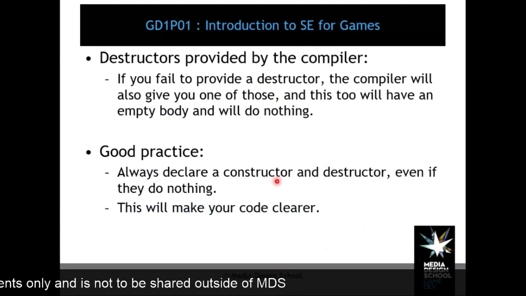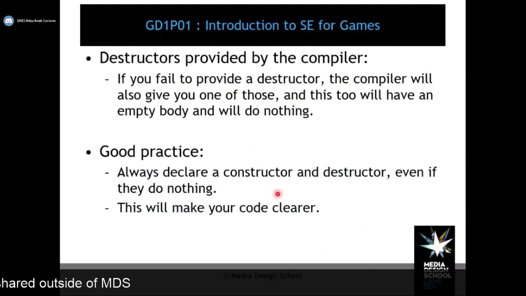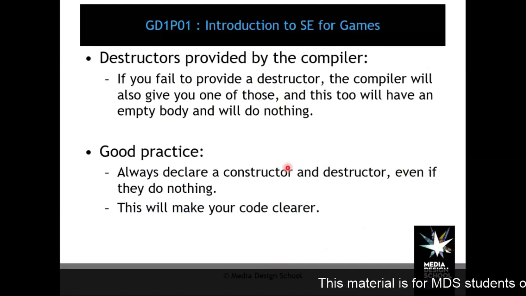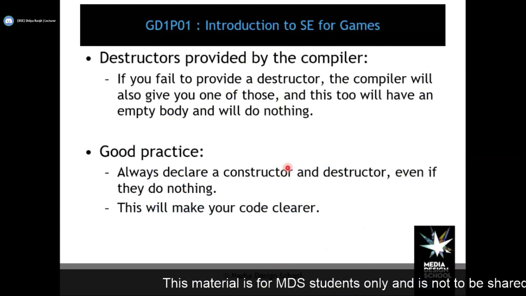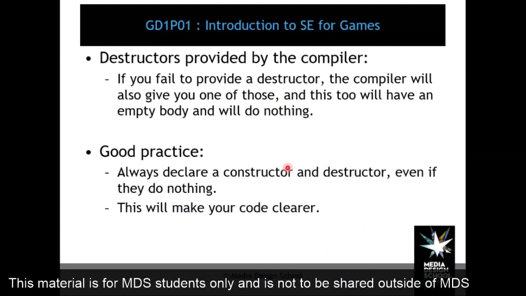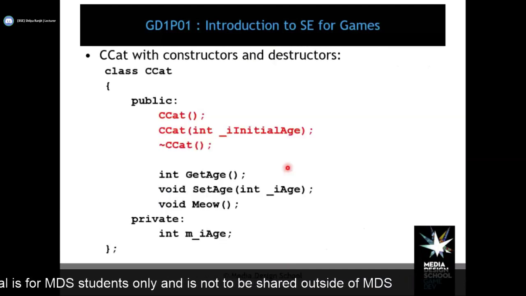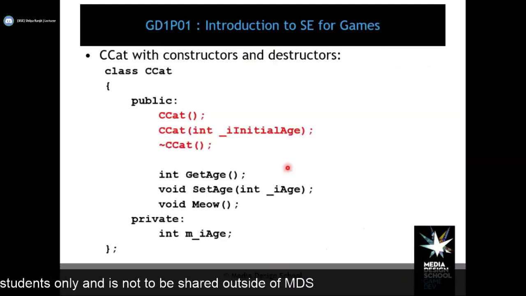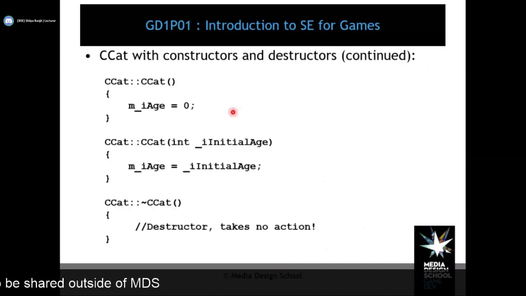It just makes it clearer that you are aware that you are creating constructors and destructors, and you purposefully do not want to perform any action in it. So it's just a good practice to always have a constructor and destructor in a class. We'll just see this example and then we'll stop there.